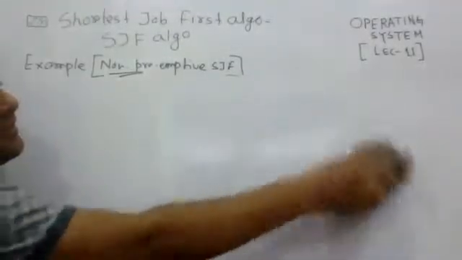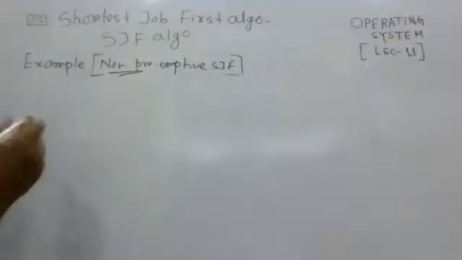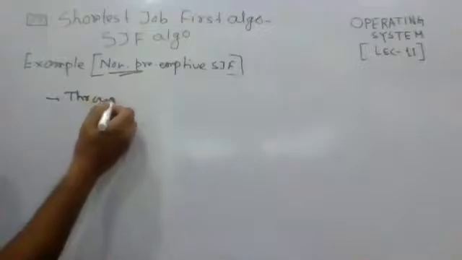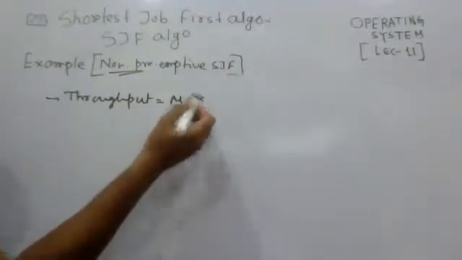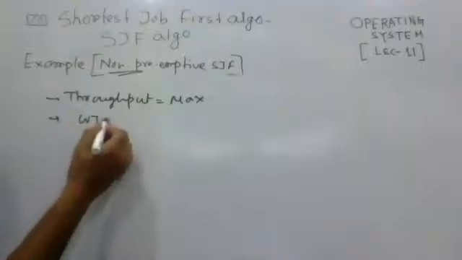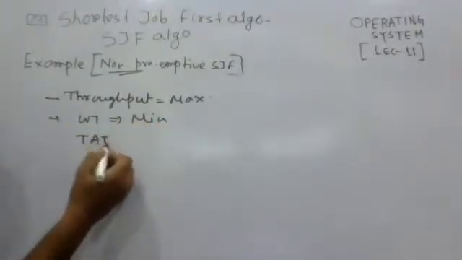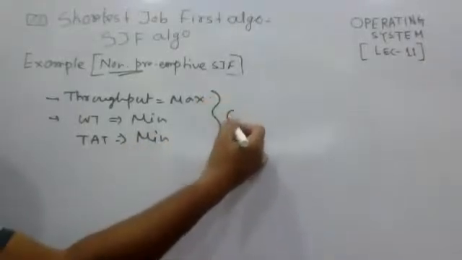So I think this is a good algorithm. Throughput is maximum, waiting time is minimum, turnaround time is also minimum, so it is basically a good, efficient algorithm.